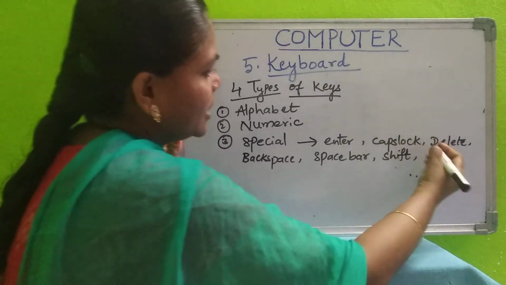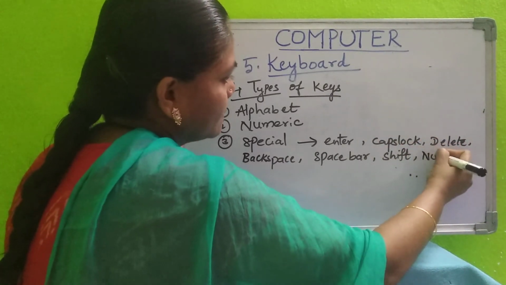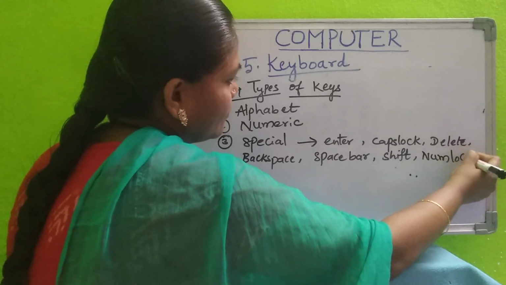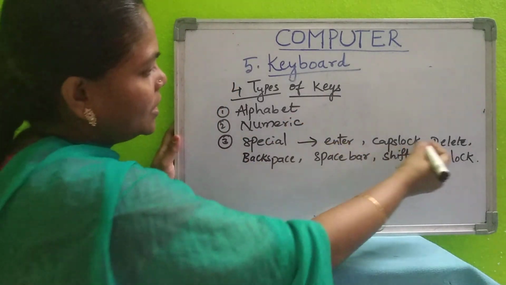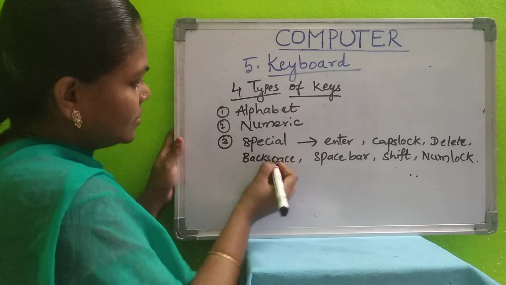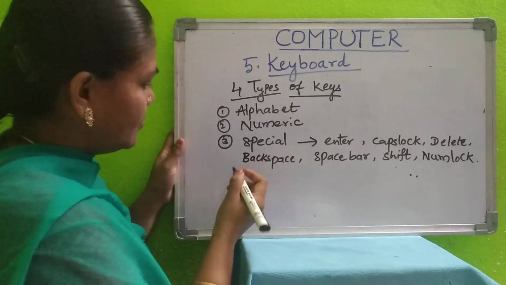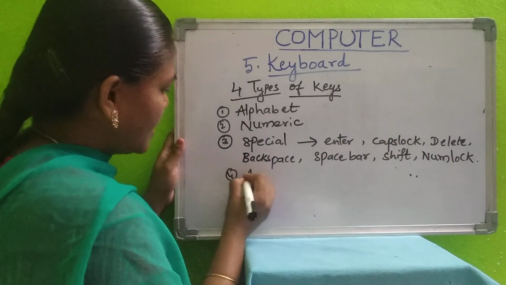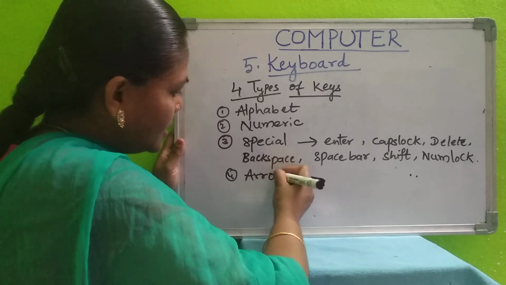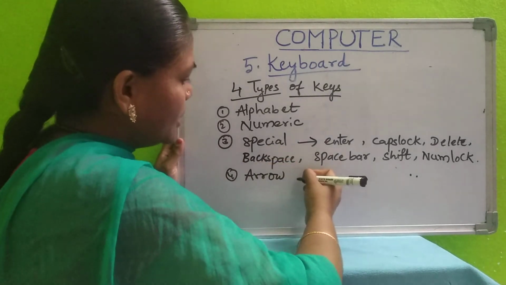So all these are the special keys. Fourth one is arrow keys or cursor control keys or cursor movement keys.